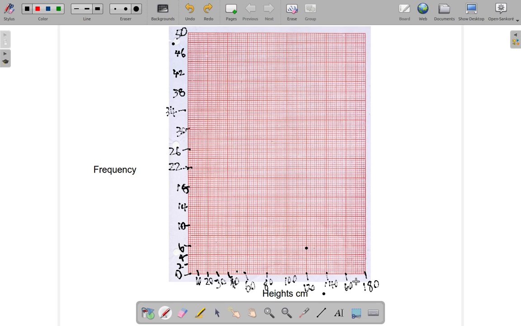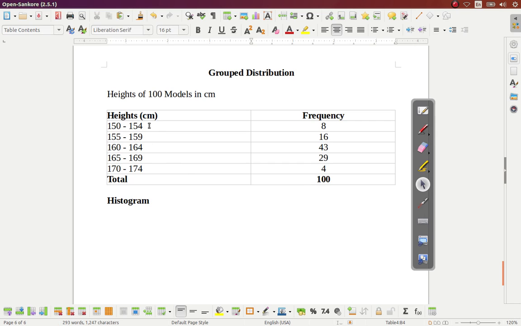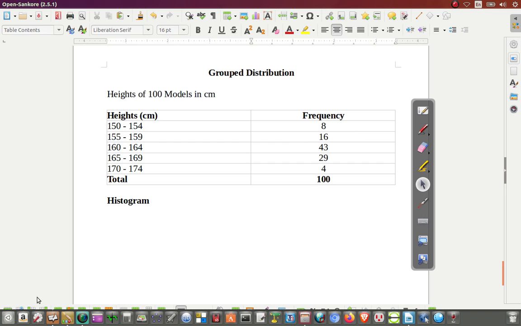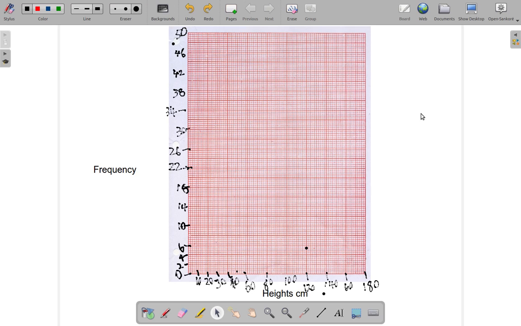Now, you're going from 150 to 154 up to 8. Now, the thing is, the problem you would run into is that you're starting at 175.